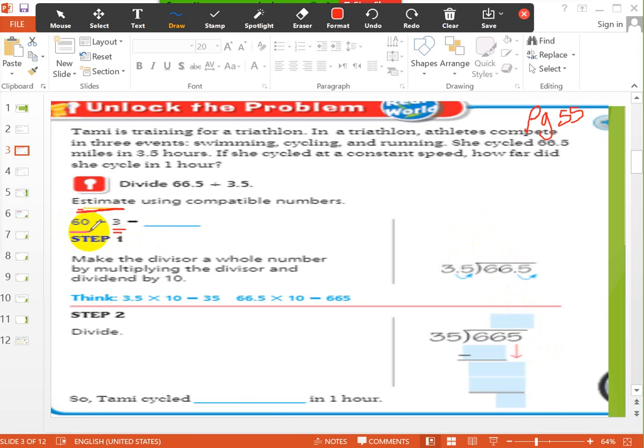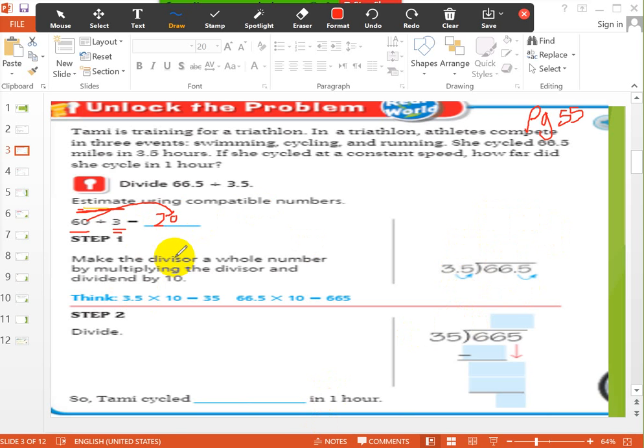It will be 60, because 60 I can divide by 3. Okay, so 60 divided by 3, very easy. 6 divided by 3 equals what? Equals 2, and put the 0 next to the answer right here, so it will be 20. That means my quotient will be close to the estimation here, which is 20.